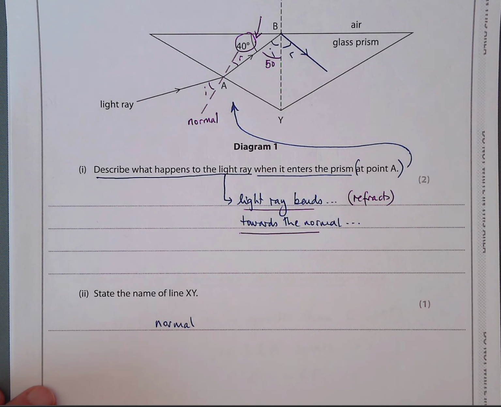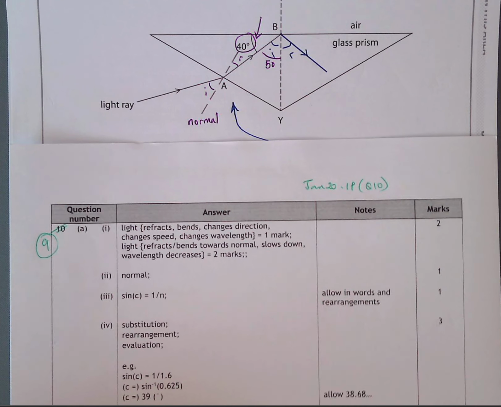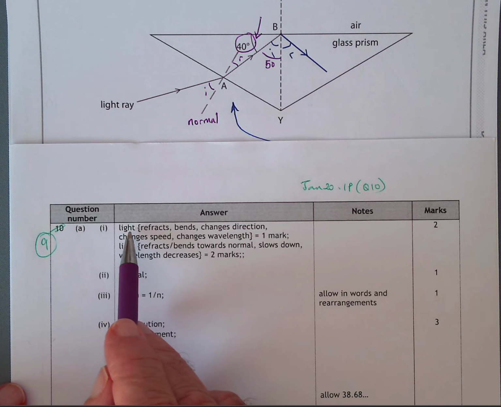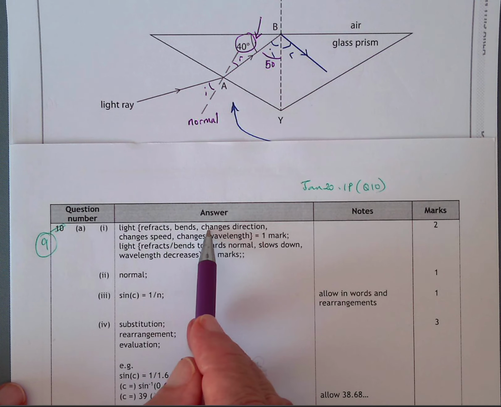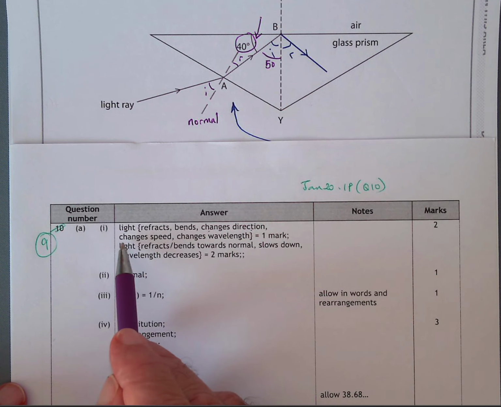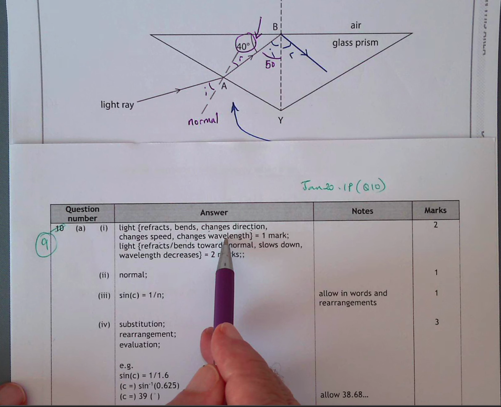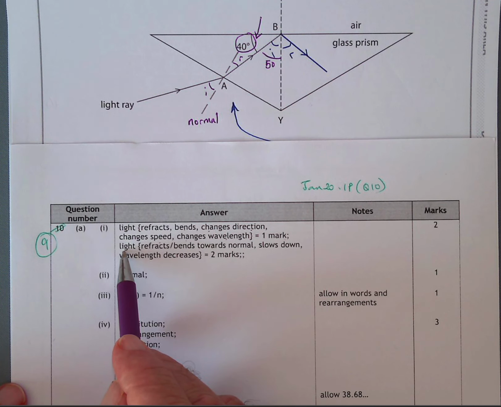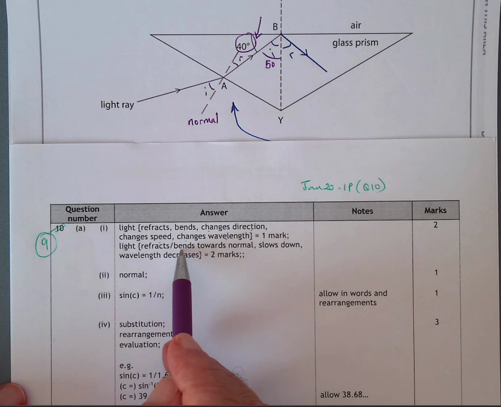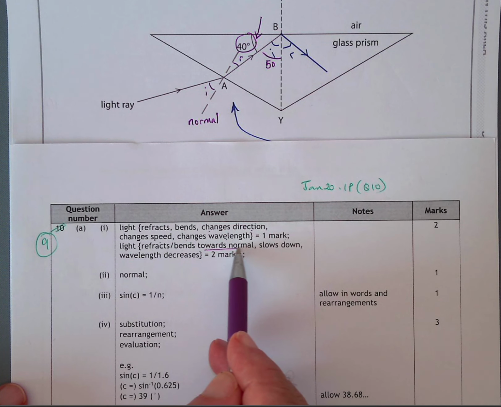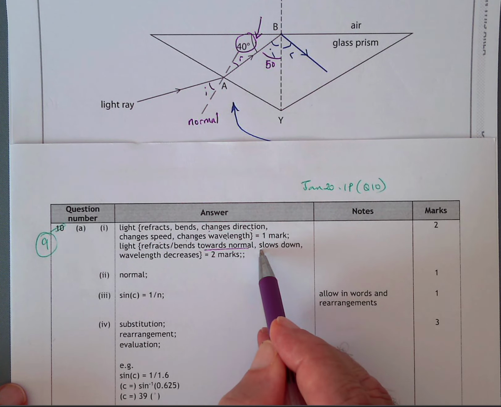Now, let's have a look at the mark scheme for the first part. So the first part, they'll accept bends, refracts, or changes direction, or changes speed, or changes wavelength for the first mark. The second mark, then you need to say it refracts or bends towards the normal. Yeah? Why? Because it slows down.